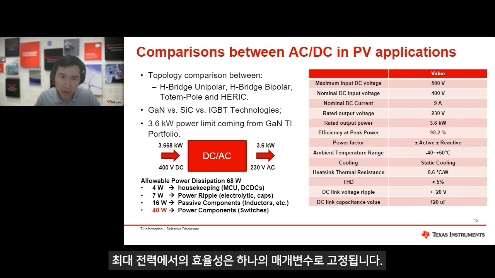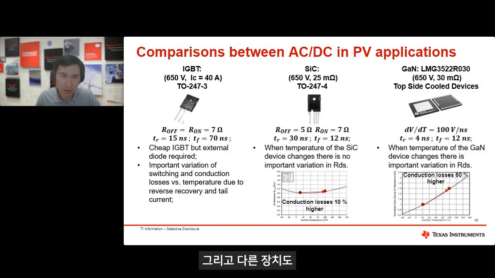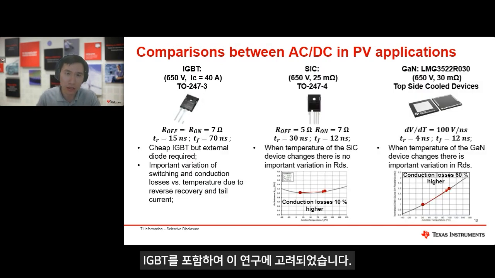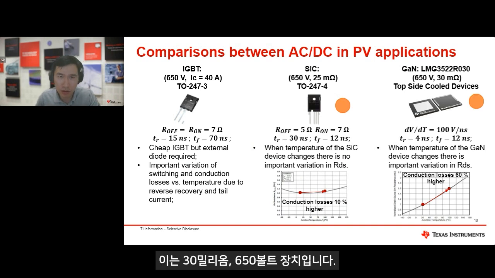The efficiency at peak power is fixed as one parameter, and different devices are considered in this study, including an IGBT with TO-247 package, a silicon carbide FET, and the TI GaN FET, which is a 30 milliohm 650 volt device.